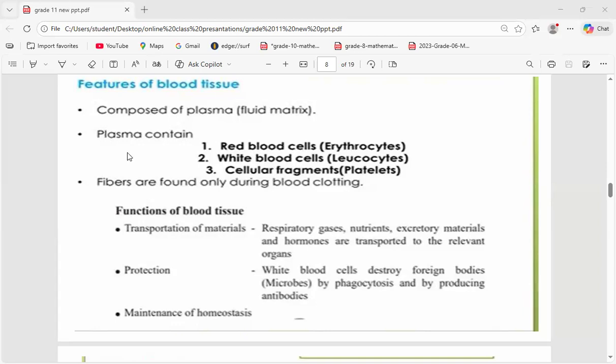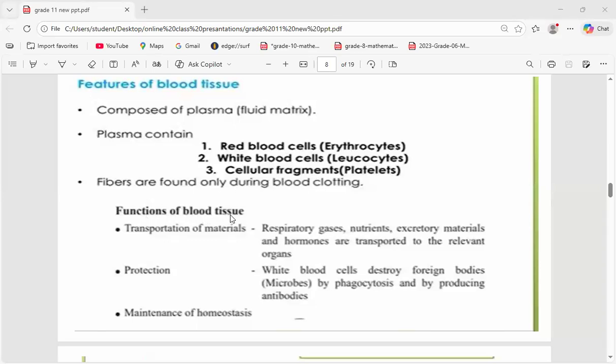There are three features in blood: one is plasma, which is fluid. Another one is fiber, blood fibers, which help only in blood clotting. And then the red blood cells, white blood cells and cellular fragments, which we call platelets. Simply put, RBC, WBC and platelets are there.